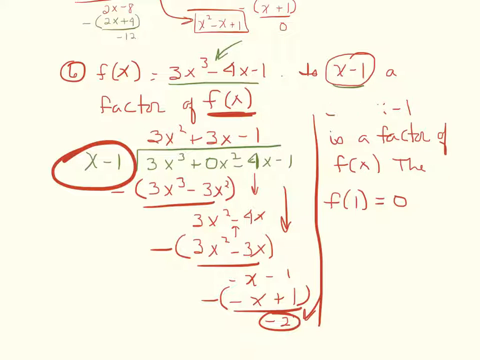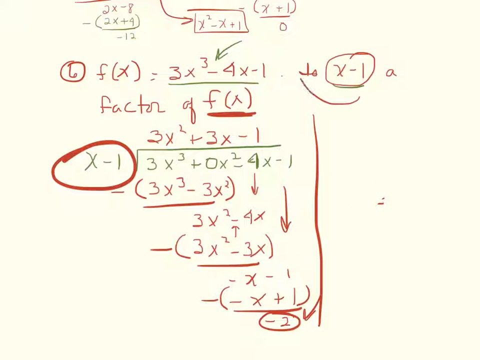The remainder theorem actually says that if I divide by x minus 1, plugging a 1 into this function will tell me the remainder if I were to divide by x minus 1. So that's what I'm going to do. I'm going to find f of 1, and that will tell me the remainder when I divide by x minus 1. So I'm going to plug 1 into the function.